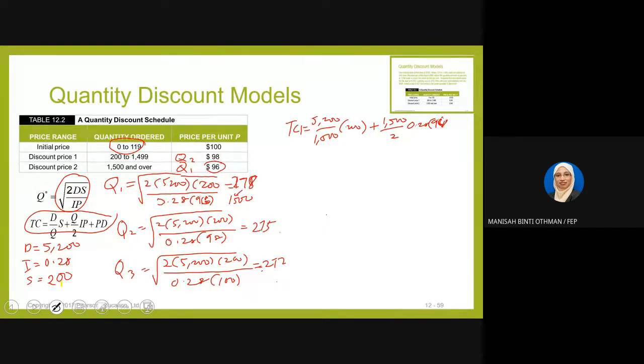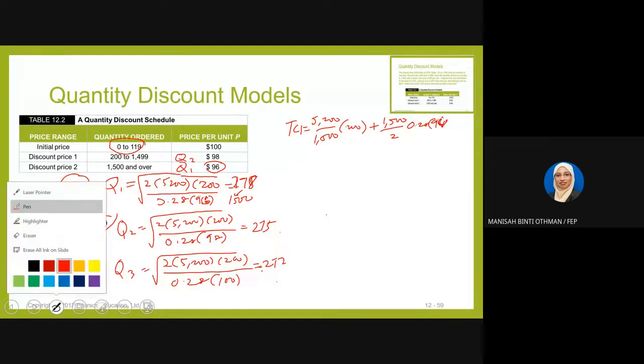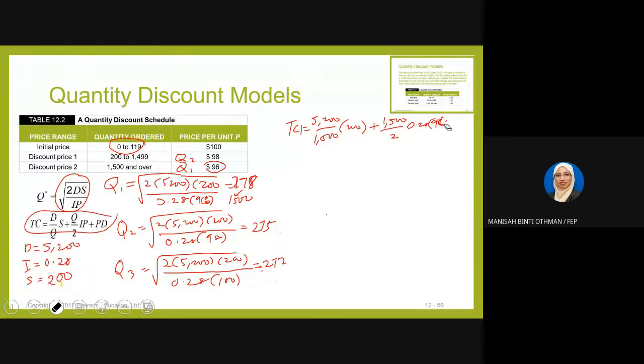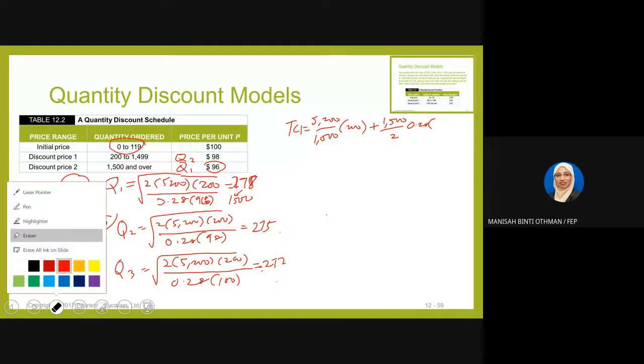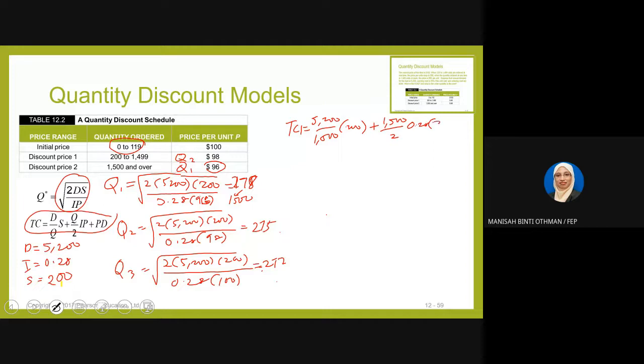I cannot write 96 here in this slide for some reason.